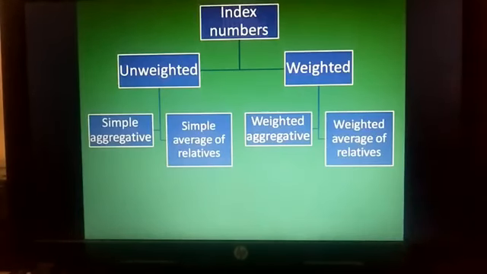Once we come across the formulae, this concept will be pretty clear. But at least roughly, concentrate once again on the bifurcation of index numbers as unweighted and weighted, and in that, simple aggregative and simple average of relatives, weighted aggregative and weighted average of relatives.